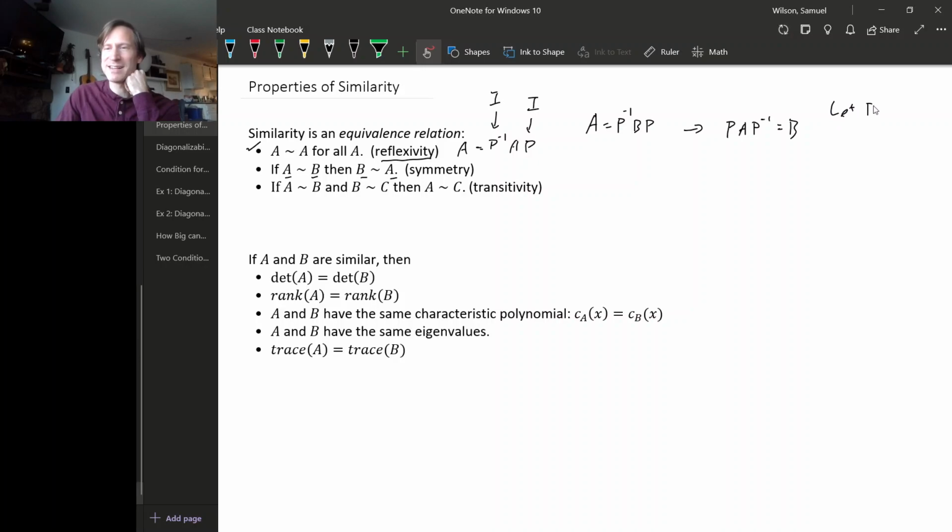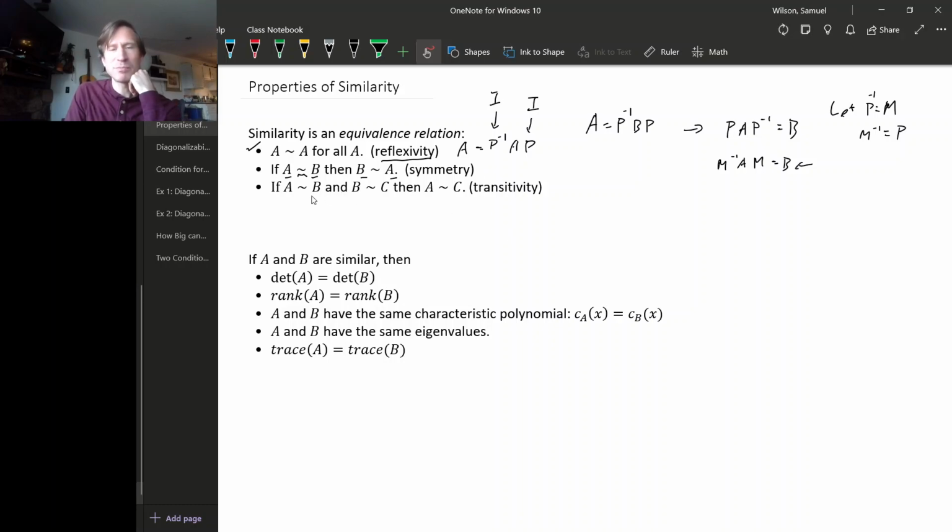Instead of calling it P inverse, let's call it M. Then M inverse is P inverse inverse, which is P. If we rewrite this using our new names, we get M inverse A M equals B, and this shows that B is similar to A. So it doesn't matter which order you write the similarity relationship in. This property is called symmetry.